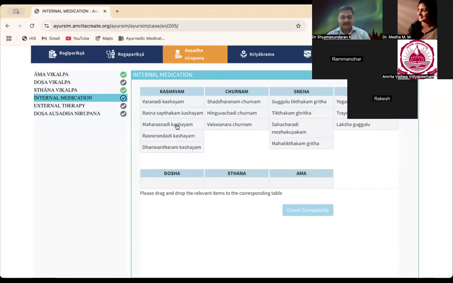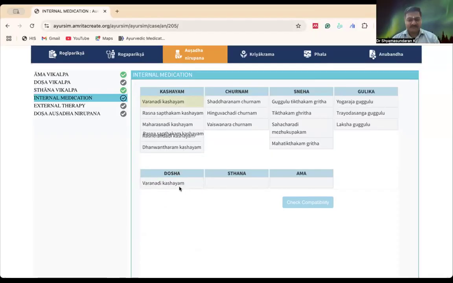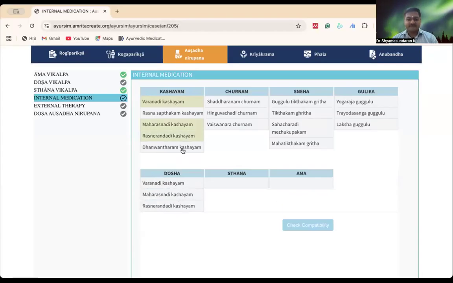And if it is not suiting that particular thing, then it will not stay there. So first you have to choose and decide if it suits that particular dosha or not. And it is not enough that it suits the dosha, it should also suit the sthana.